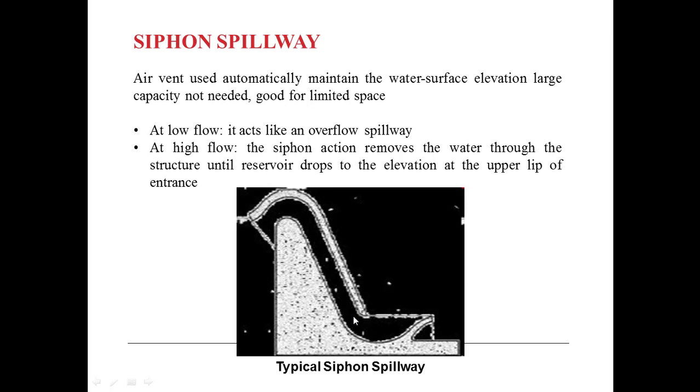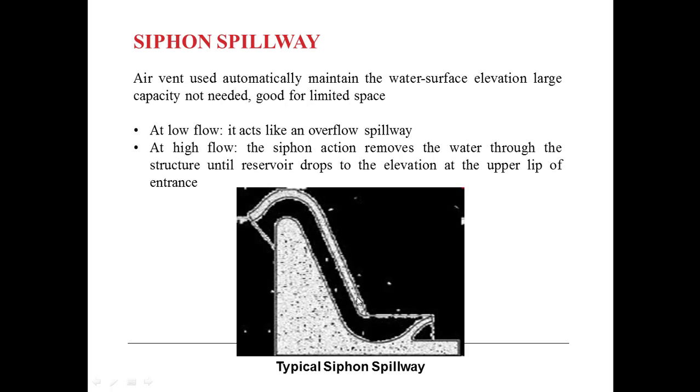At low flow, it acts like an overflow spillway, while at high flow, the cyclone action removes the water through the structure, and then the reservoir draws down to the elevation of the upper lip of the entrance.